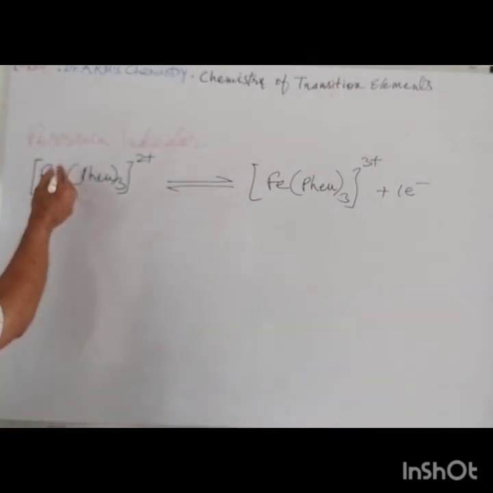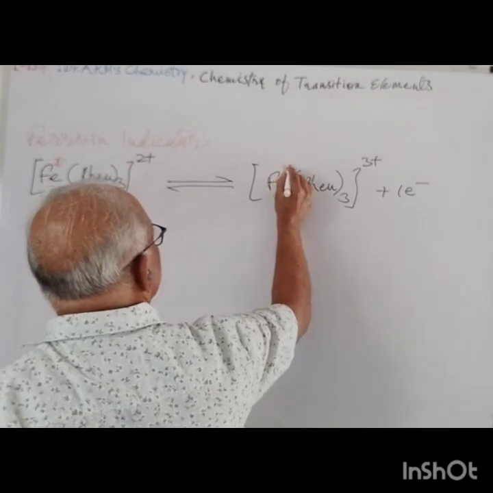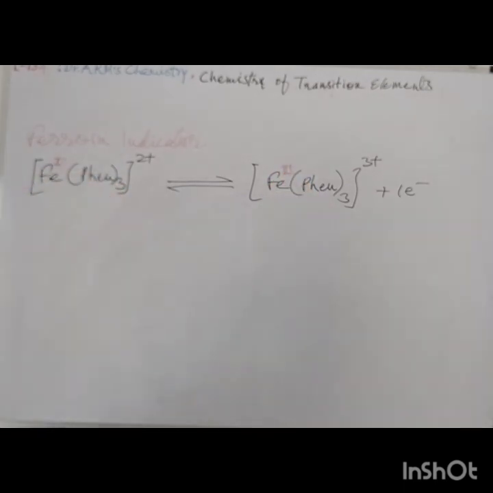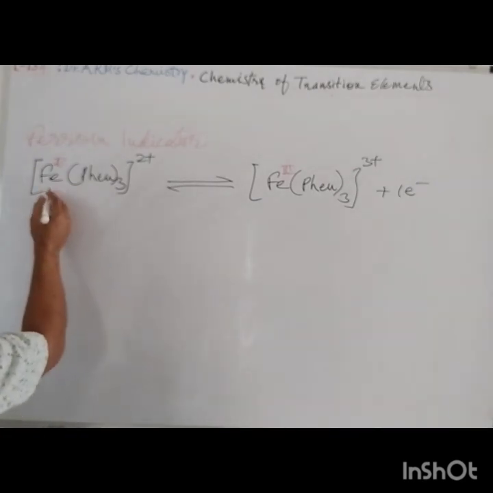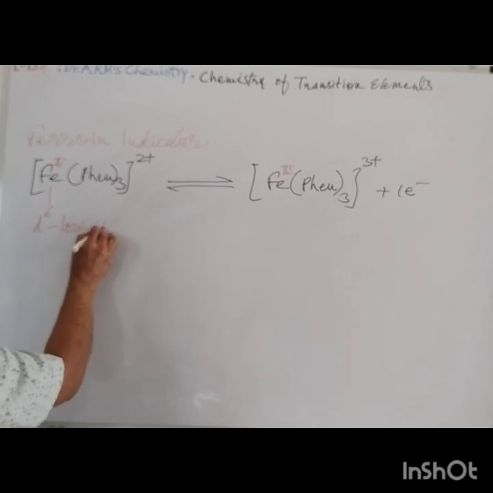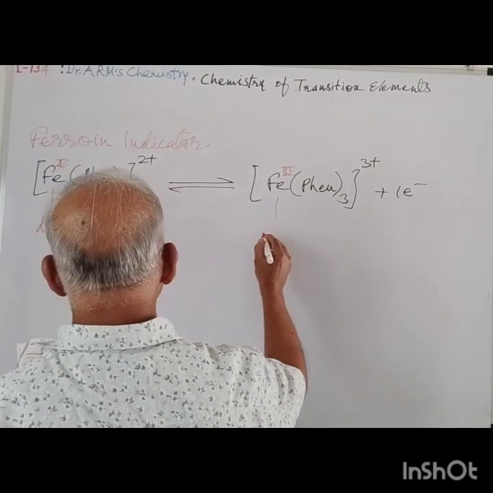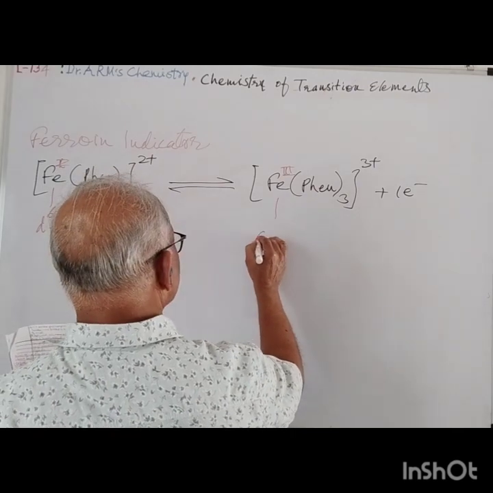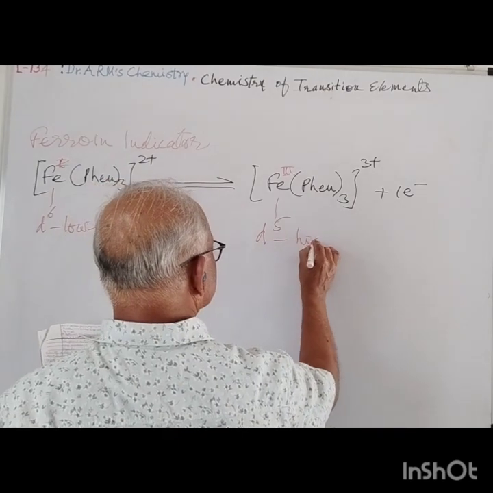Here Fe is in the 2 plus state and this Fe is in the 3 plus state. The configuration of Fe 2+ is D6 and it is low spin, whereas Fe 3+ is in D5 configuration and it is high spin.